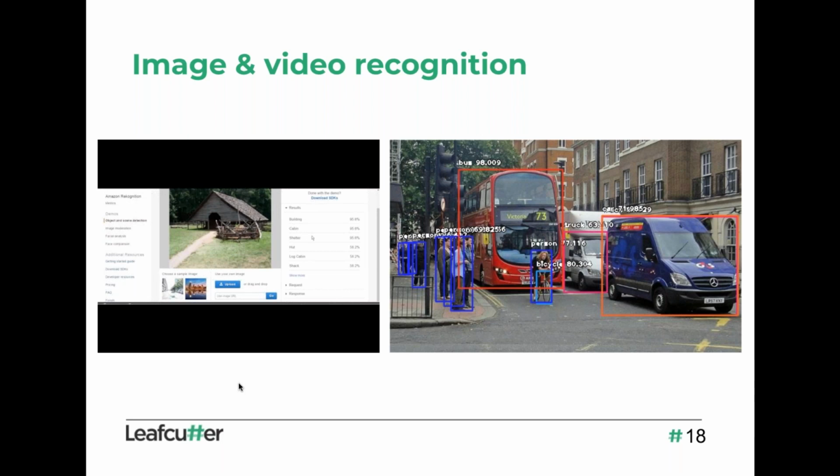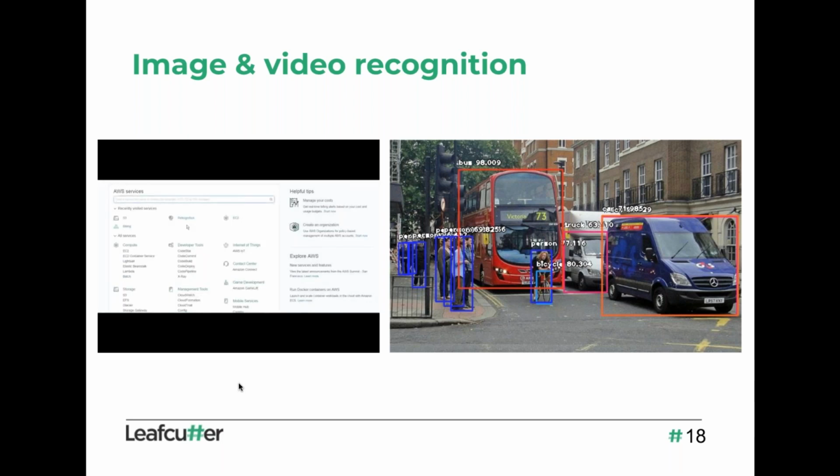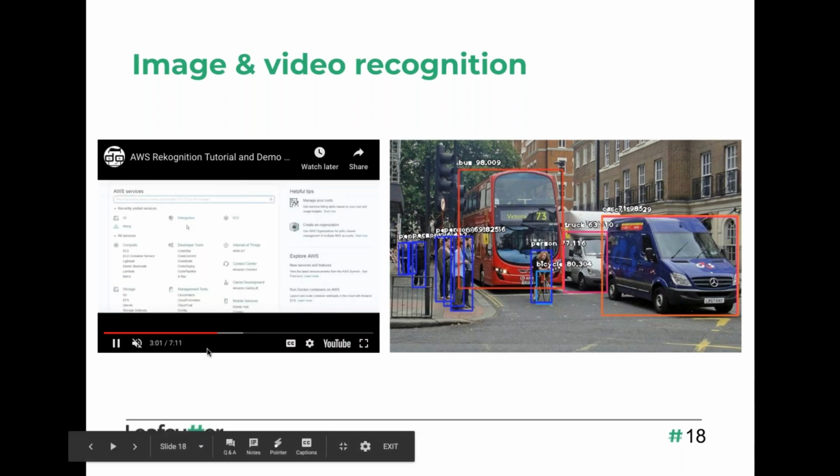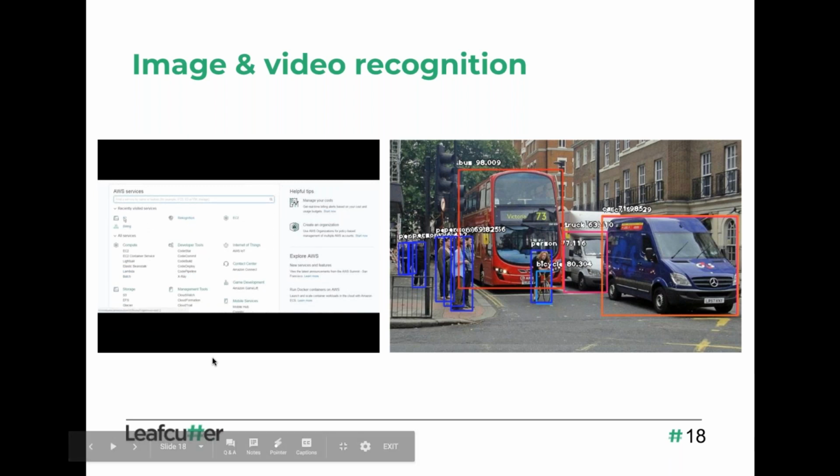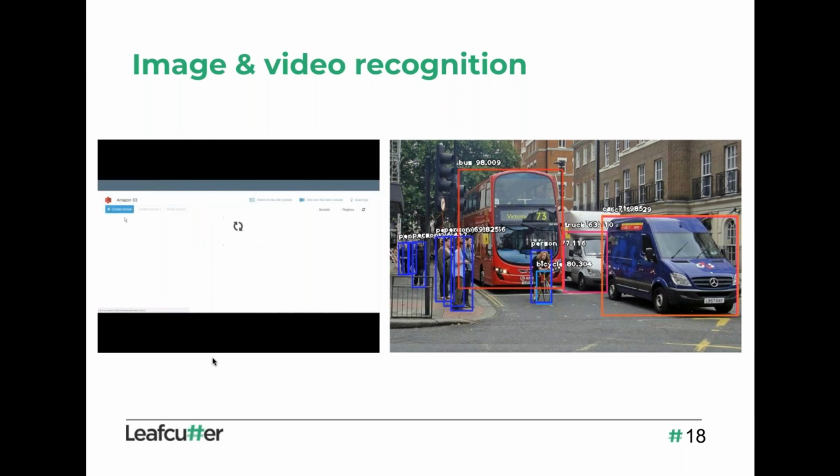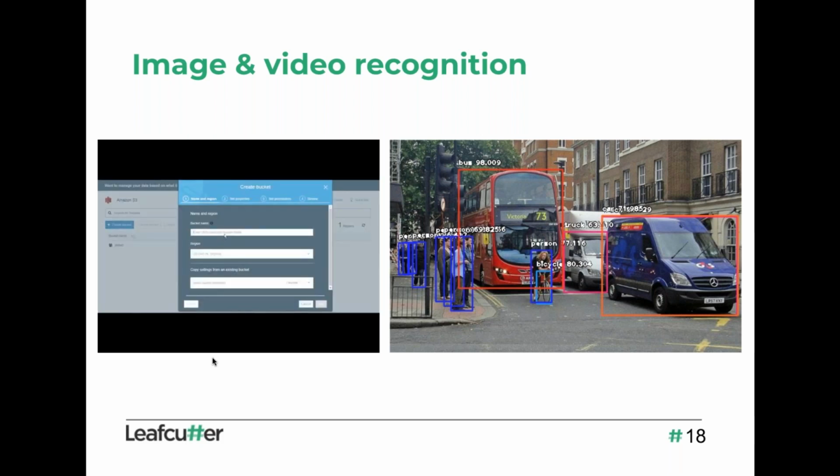And you can do that without much coding. Obviously, if you want to use this in a production application, you have to write some sort of integration or API connection to it. But basically, this is ready out of the box image recognition, and there's also a video recognition version as well that you can use today without too much trouble.